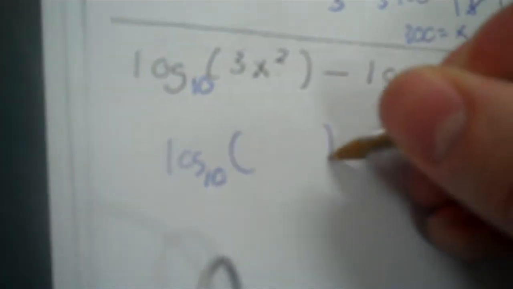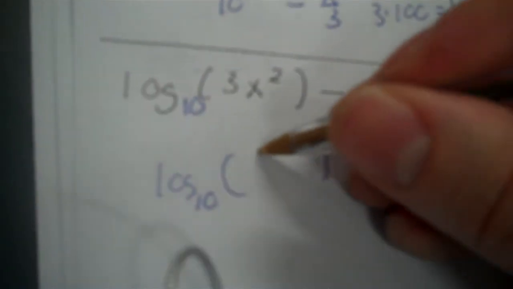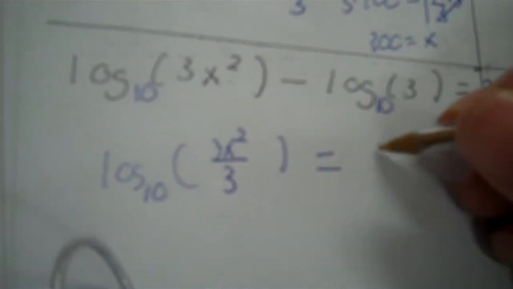Okay, next one, same deal on these next ones. You have multiple logarithms, so you need to condense it into one. So log base 10, 3x to the second, and then it's a minus, so that would be division by 3, okay? So, first, now get it out.